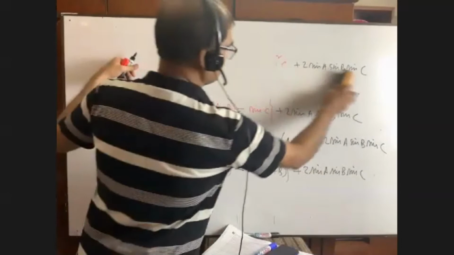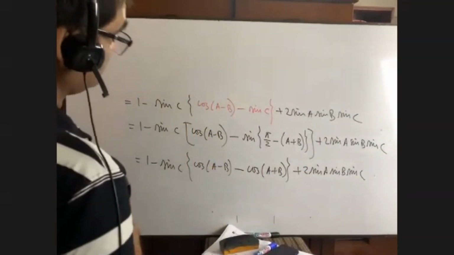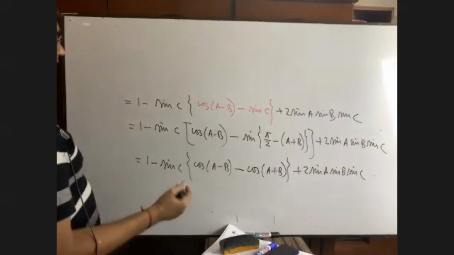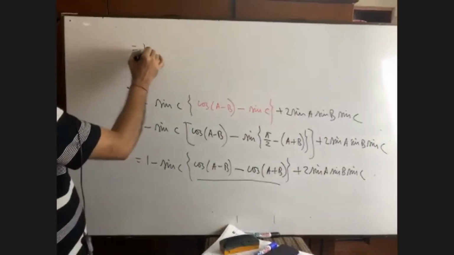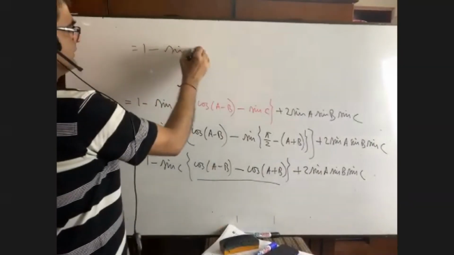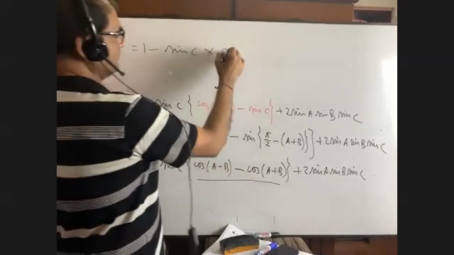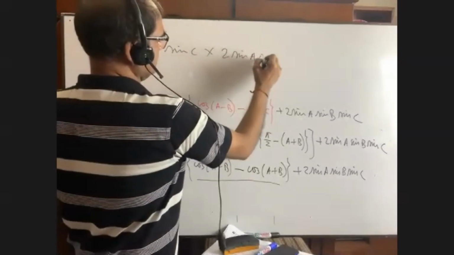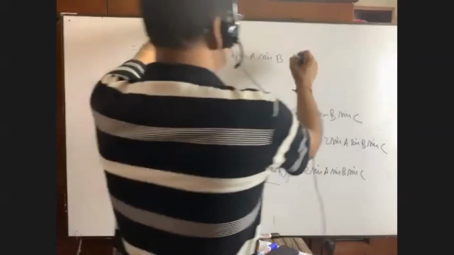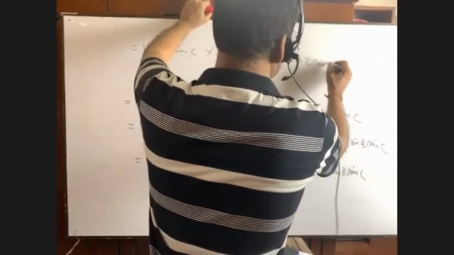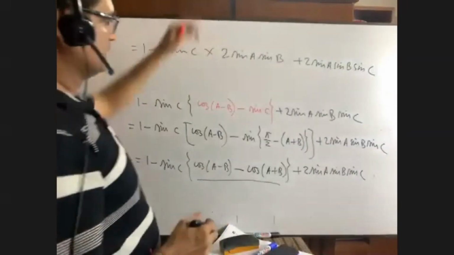Now again, formula number 8 that I told you, this formula will help you in your life. Can you remember? 1 minus sin C into, what is the formula here? 2 sin A sin B, very good, 2 sin A sin B, formula number 8, plus 2 sin A sin B sin C. Now actually what is happening here?